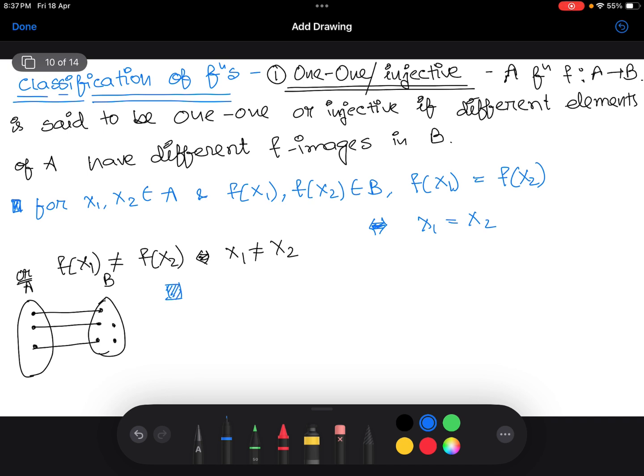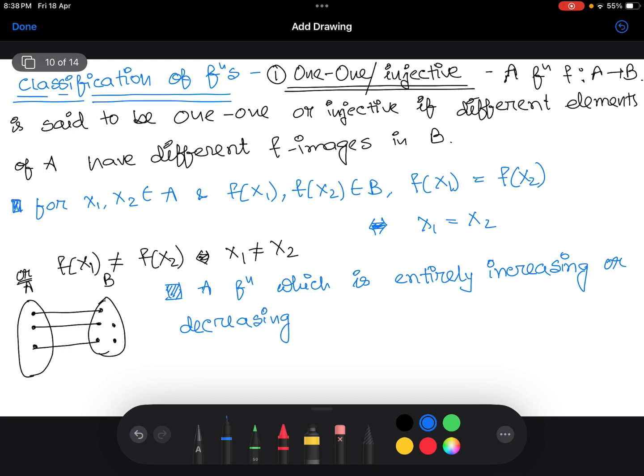Let's say a function which is entirely increasing or decreasing in its domain, then the function is one-one.